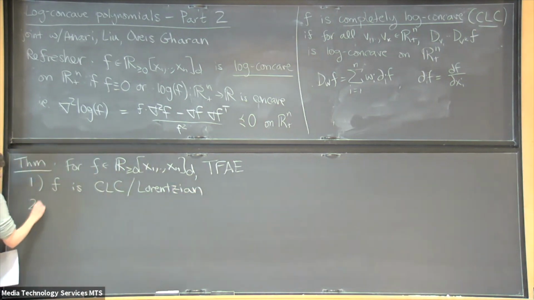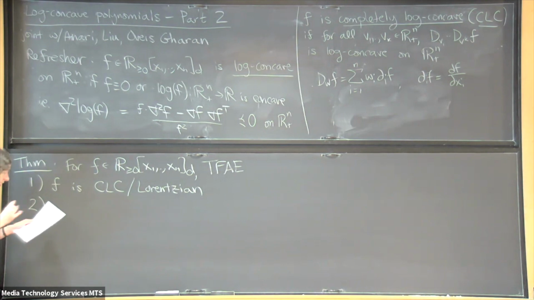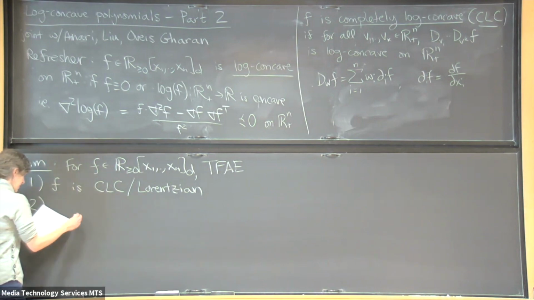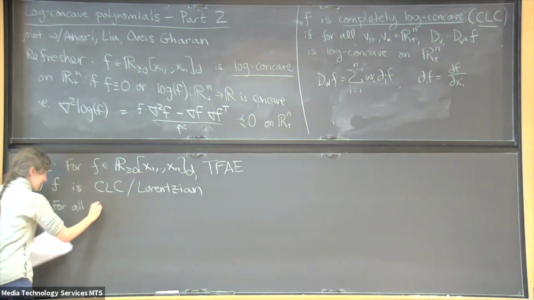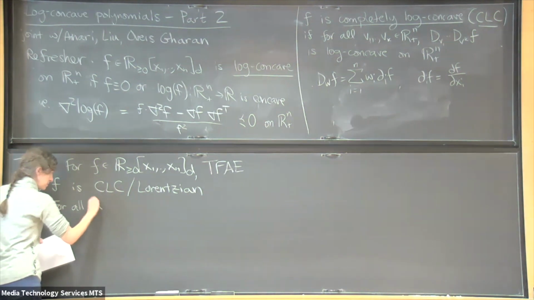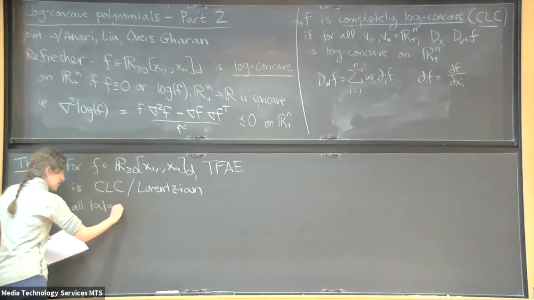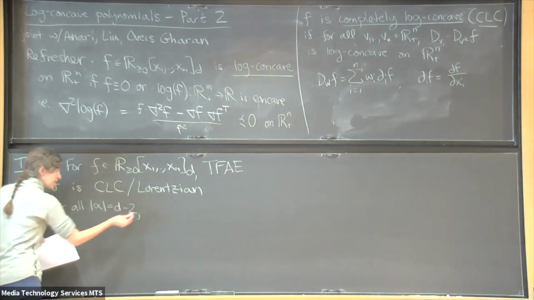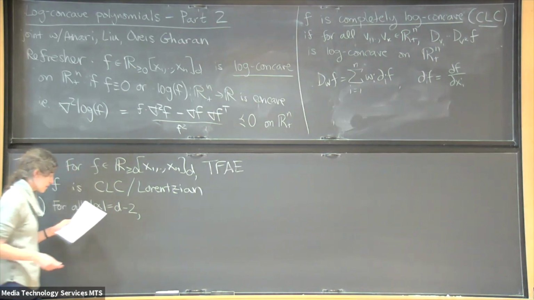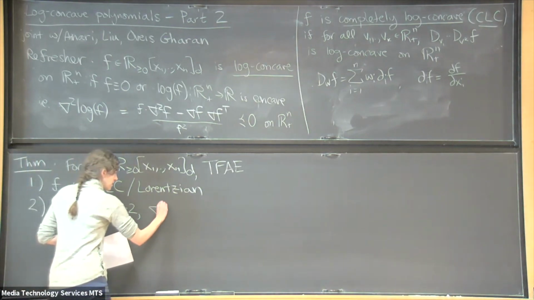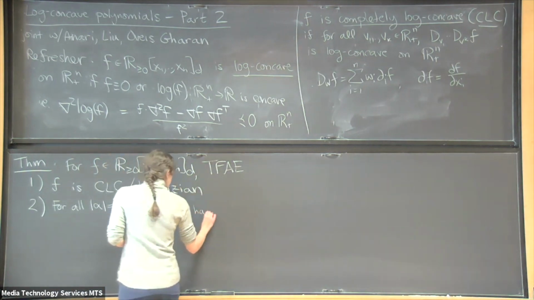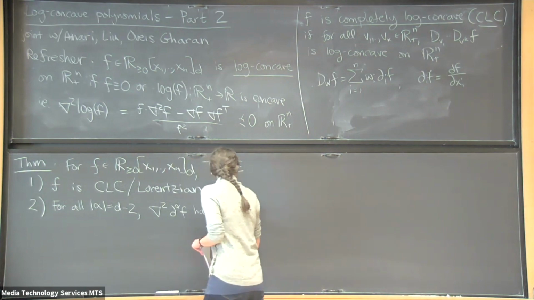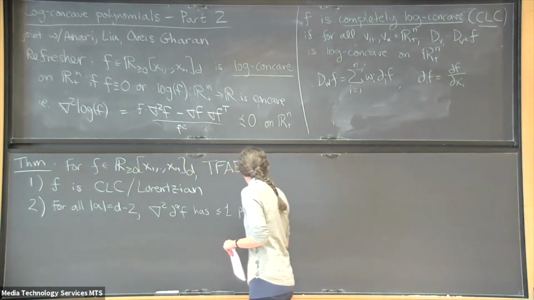The one that I gave last time as a nice way of efficiently checking this is that whenever I take d minus 2 derivatives to get down to a quadratic, the quadratic form I get has at most one positive eigenvalue.